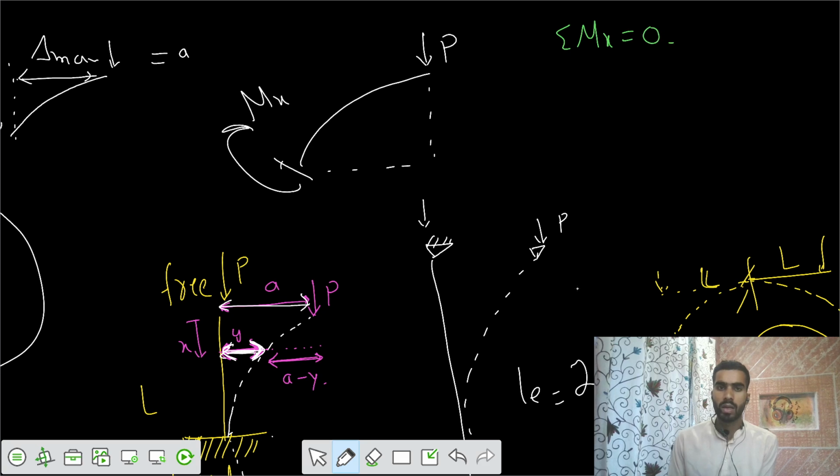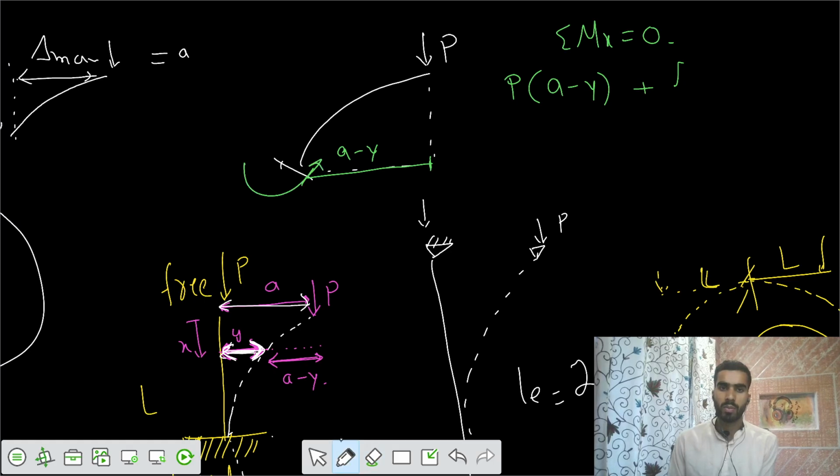There's some eccentricity of the load P. What is this value? That is A minus Y. I write P times A minus Y clockwise, and let's assume the moment Mx is in this fashion. I write anti-clockwise moment, minus Mx equals 0. So I can say your moment at X equals PA minus PY.